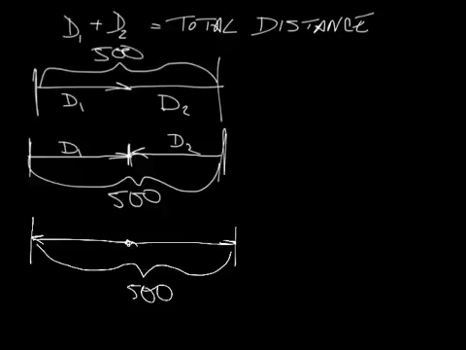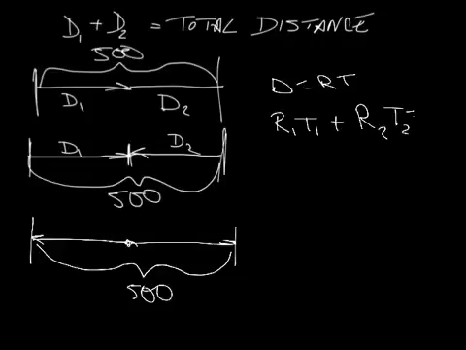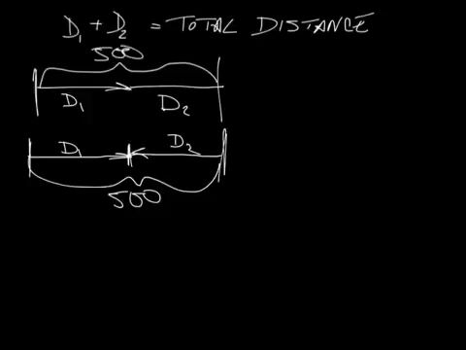Okay, so those are the three different options that we're going to do, and we're still going to use the distance equals RT setup, so that the distance of 1 is going to be RT, plus the distance of 2 is going to be equal to our 500 that we came up with. So we're going to be adding our rate times times instead of just saying that they're equal. So those are the three options that we have as far as looking at distance problems.